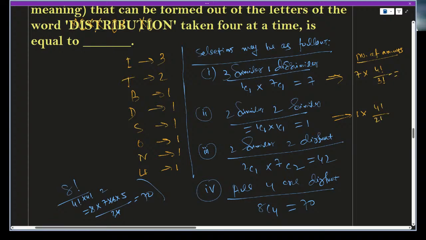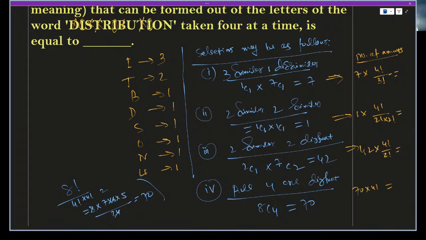4 factorial by 2. And this one, there it will be, sorry, 42 into all four different. I think all of you are able to do this.